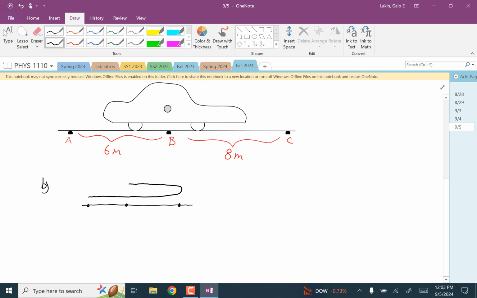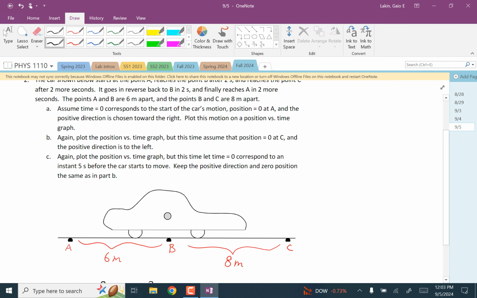Yeah, ends back where it started. That's 6 meters, 8 meters. This interval takes 2 seconds, 2 seconds, 2 seconds, 2 seconds.